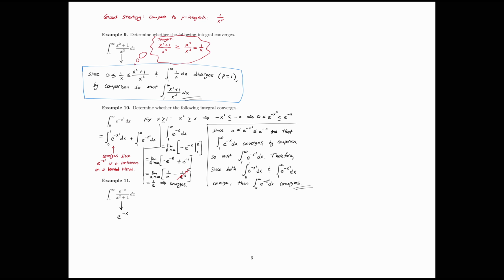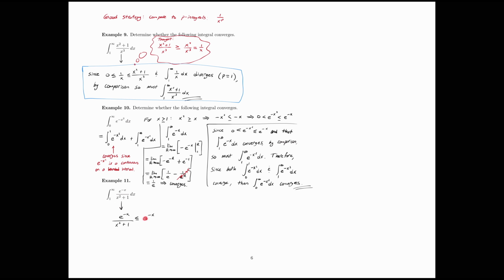Now e to the negative x is definitely going to be bigger than or equal to itself divided by some number. Because x is going from 1 to infinity, the denominator here, x squared plus 1, has to be a number bigger than 1.